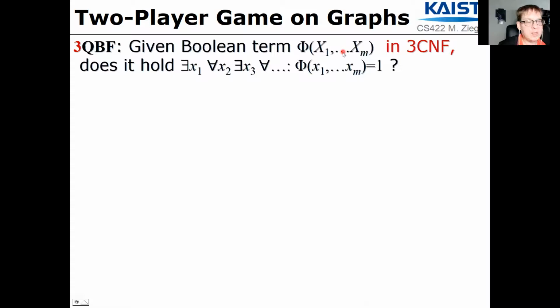We already saw that this can be achieved with another reduction by possibly introducing new variables. Remember our polynomial time reduction from satisfiability to 3 satisfiability.